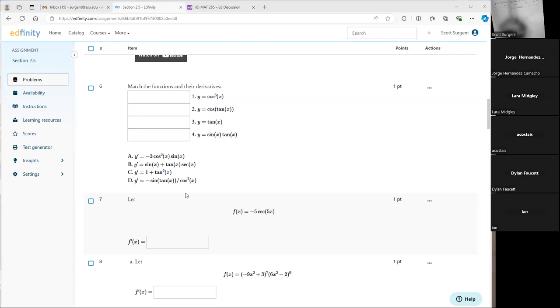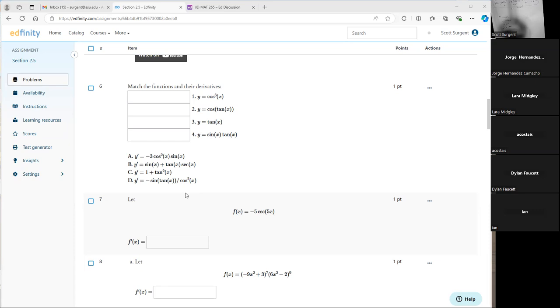Number 6 is this thing, and let me just copy. We've got y equals cos cubed, y equals cos of tan x, y equals tan x. And the last one is sine x tan x.